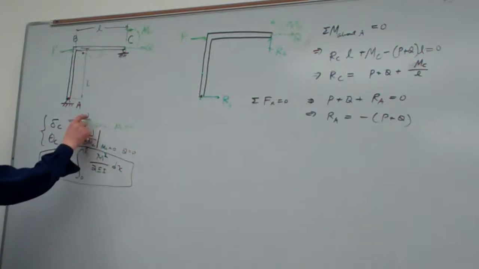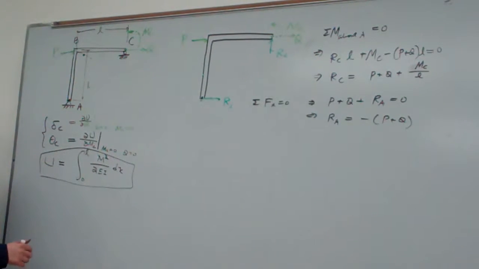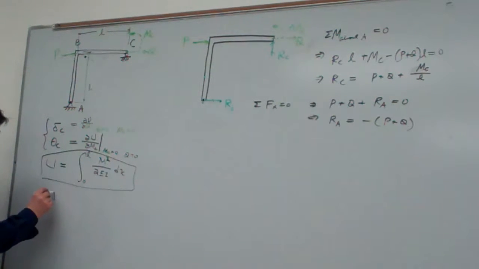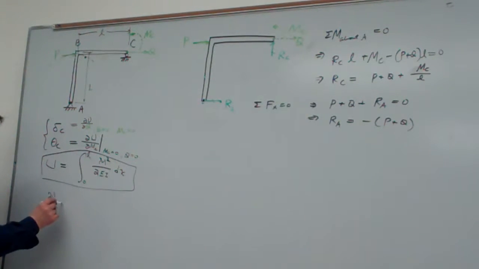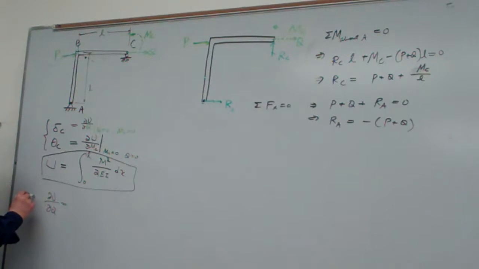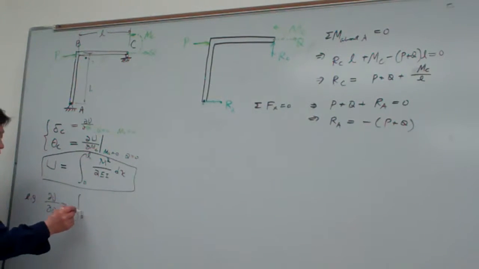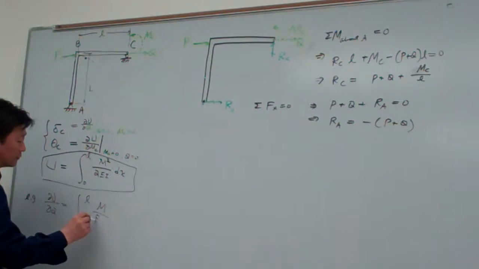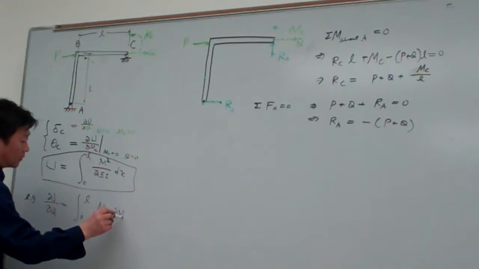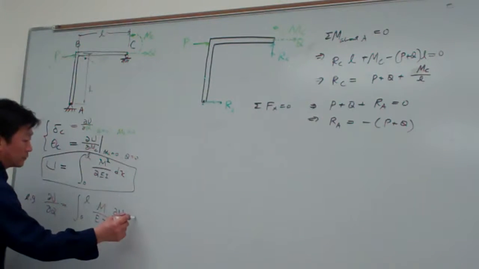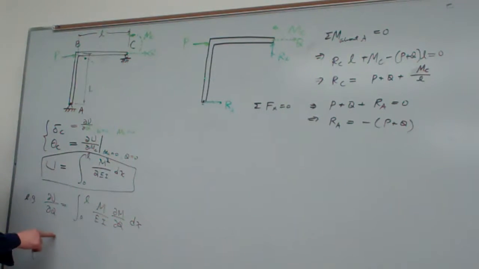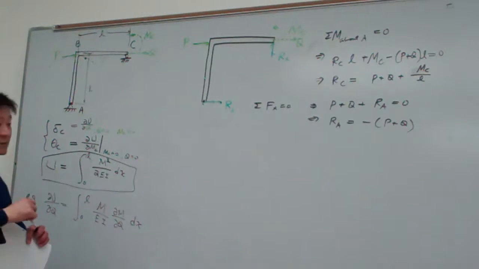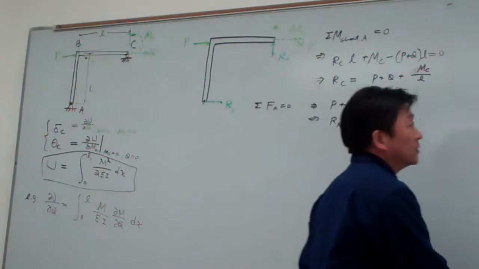For this case, we take partial U, partial Q, and partial U over partial Q would be, for example, the integral of M over EI times partial M partial Q dx. Okay, and then we can do the same thing for the partial derivative with respect to MC.